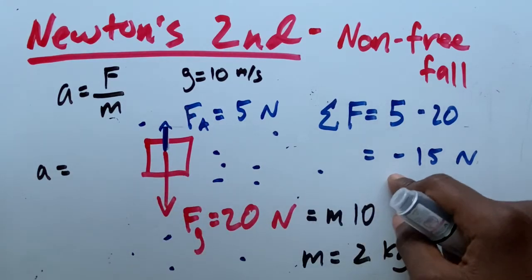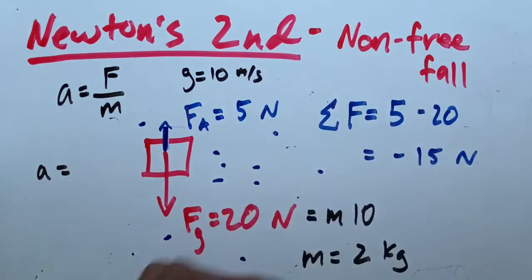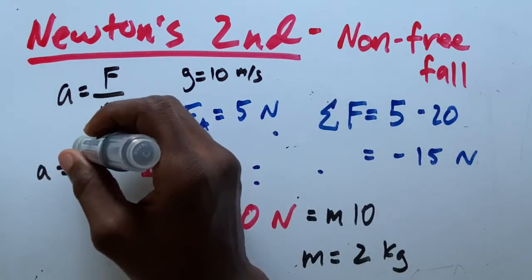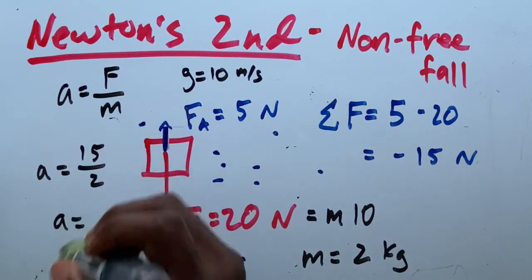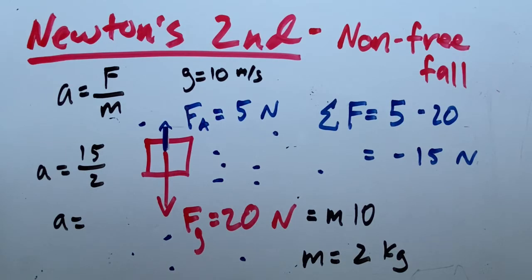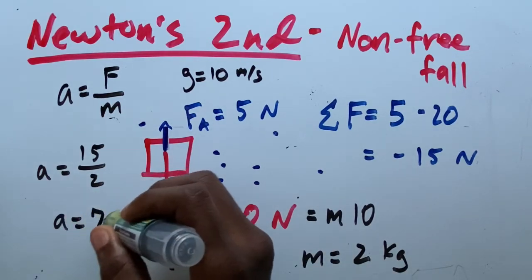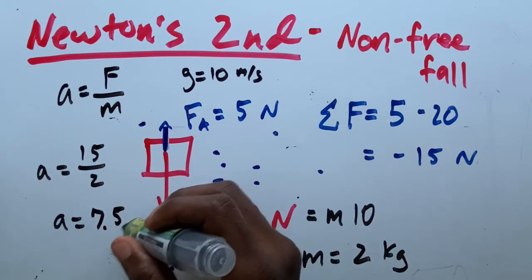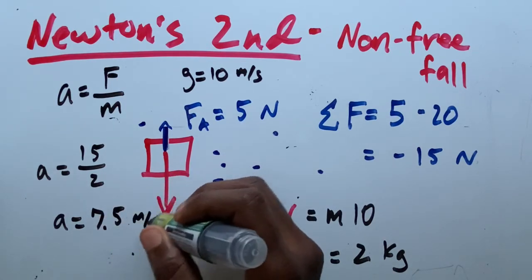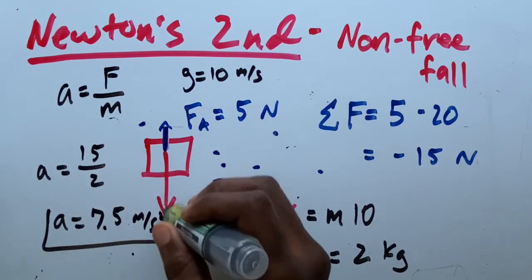Remember, the negative just means that it's being pulled downwards. So it's just going to be 15 divided by 2. So the acceleration is, well, what's 15 divided by 2? I think that is 7.5 meters per second squared. Boom.